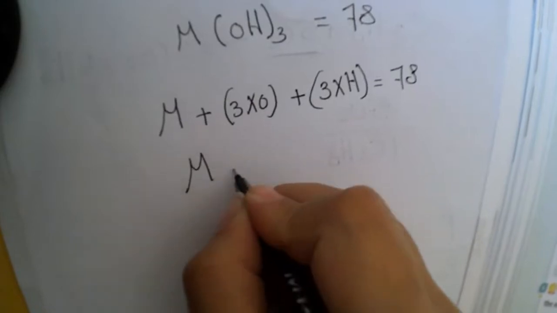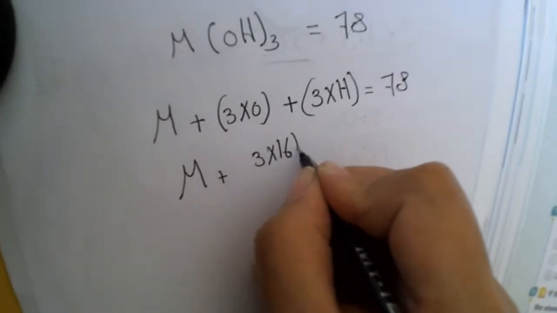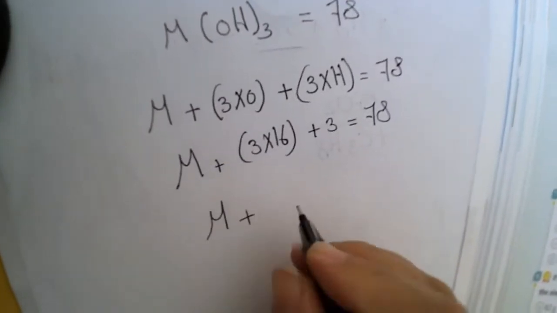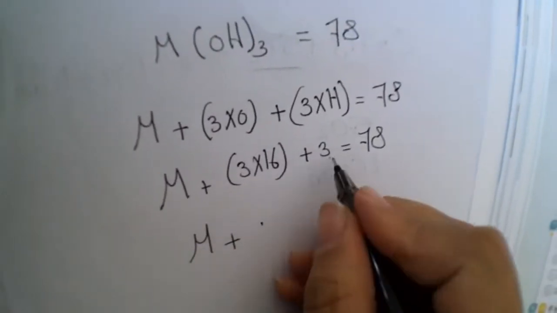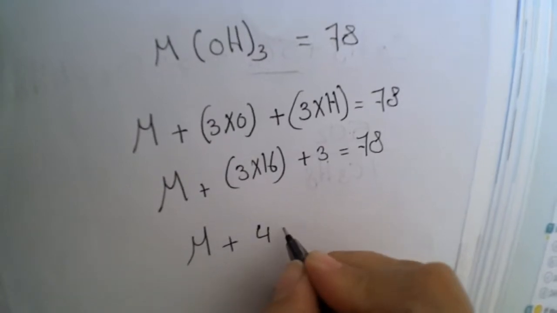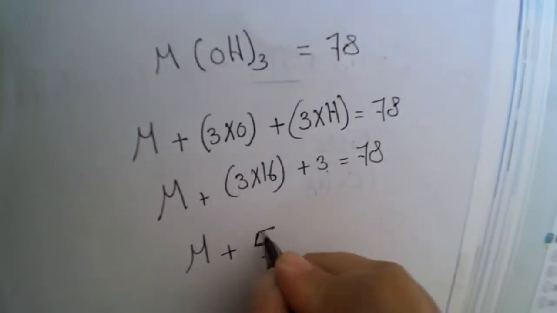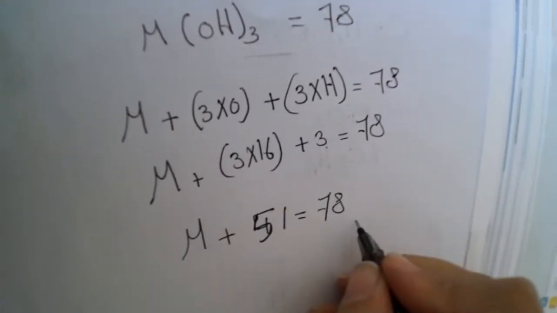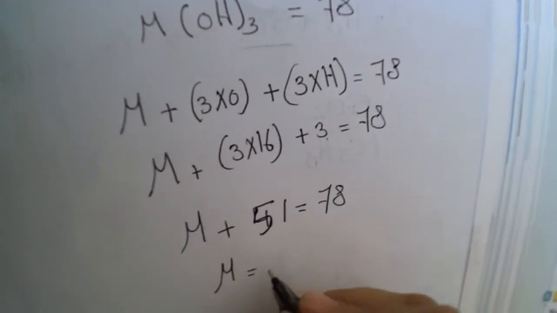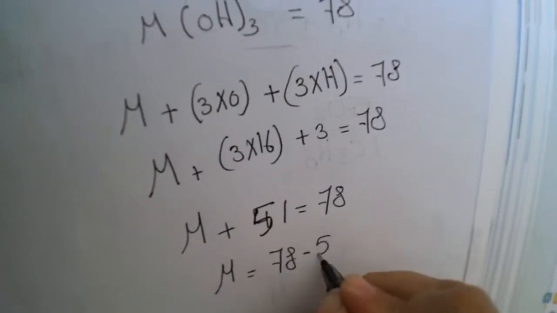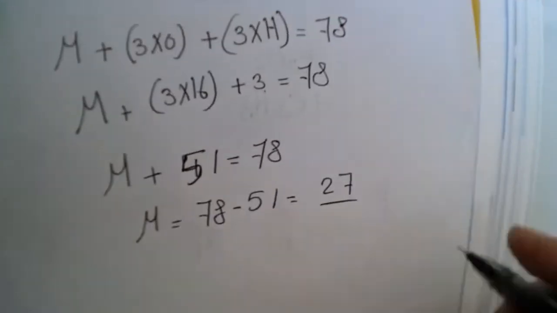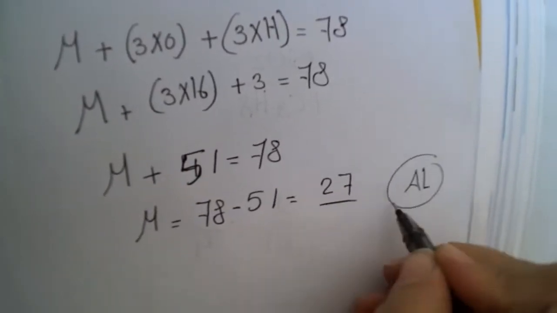So M plus 3 times 16 plus 3 is gonna be 78. M plus 48 plus 3, so M plus 51 equals 78. Make it on the other side of the equation: 78 minus 51, it's gonna be 27. So it's the aluminium, if you know, the atomic mass of the aluminium is 27.